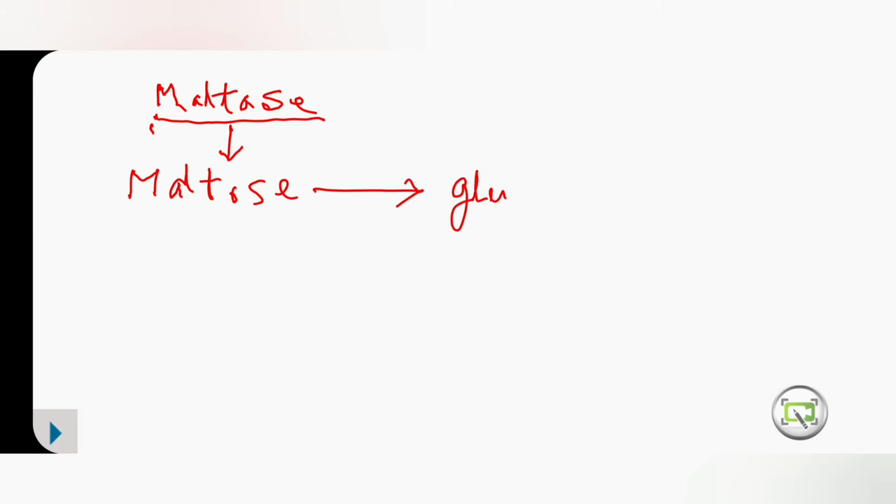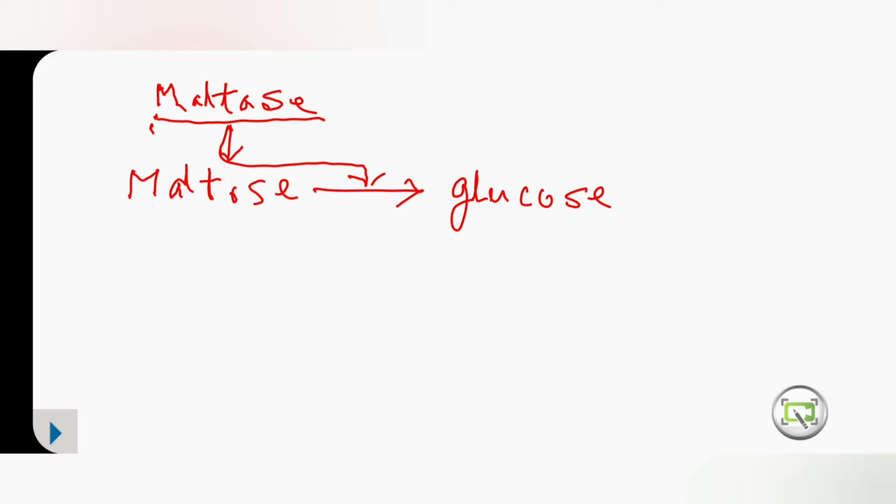That disaccharide is converted into glucose by the action of maltase. Maltose is a disaccharide, whereas glucose is a monosaccharide. Thus, conversion of maltose into glucose is done by maltase.